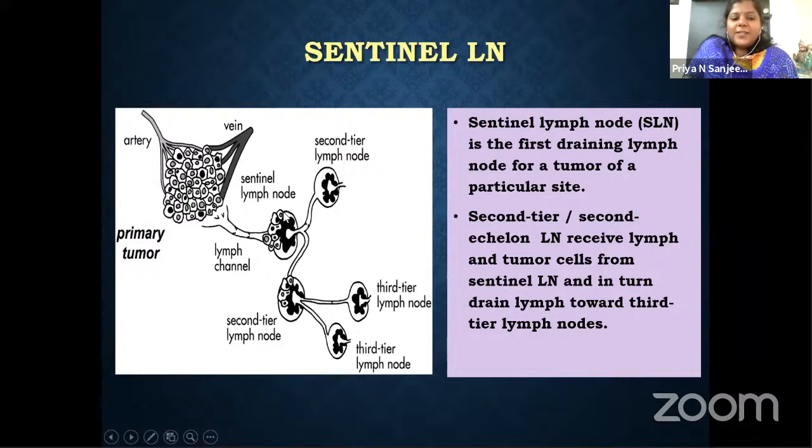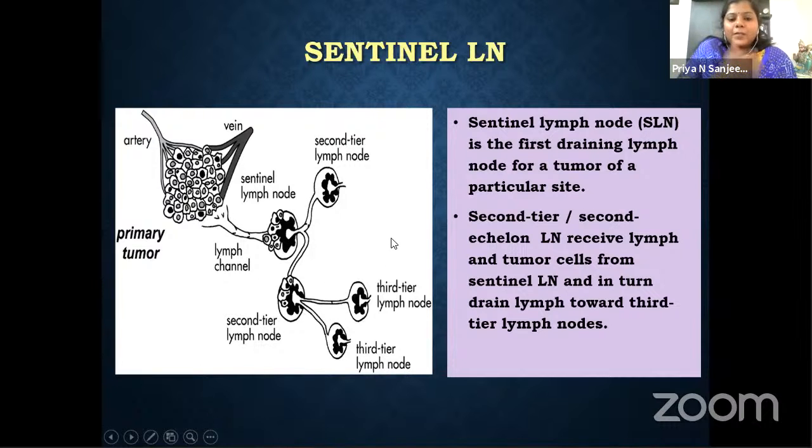So this will be considered the sentinel lymph node for that particular tumor of a particular site. When I was explaining different levels, I told you that squamous cell carcinoma involving the lower lip can first involve the lymph nodes of the submental triangle. So for squamous cell carcinoma of the lower lip, the level 1A group will be the sentinel lymph node. So it differs for each tumor site. And the second tier lymph nodes are also called second echelons.